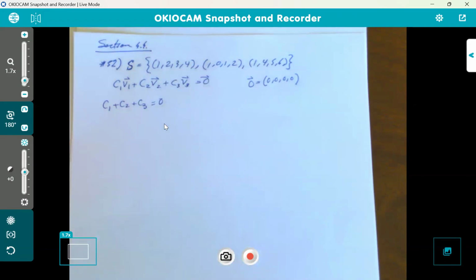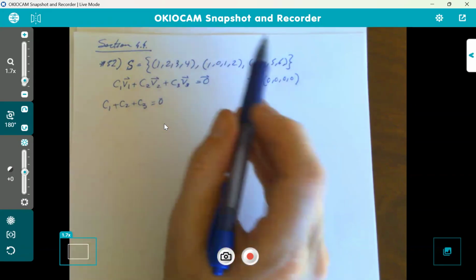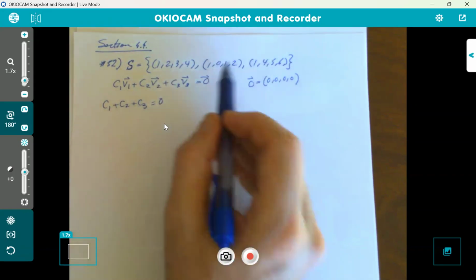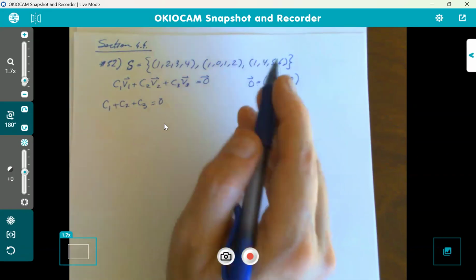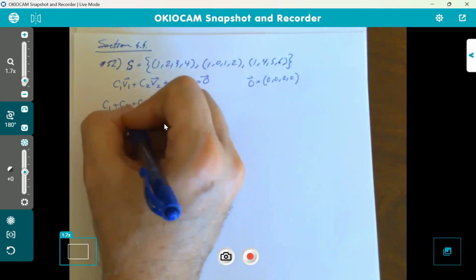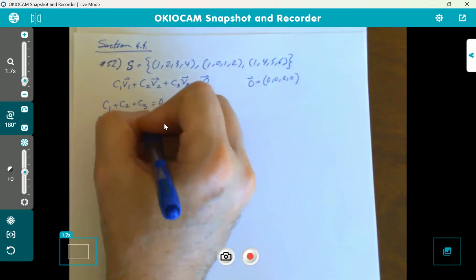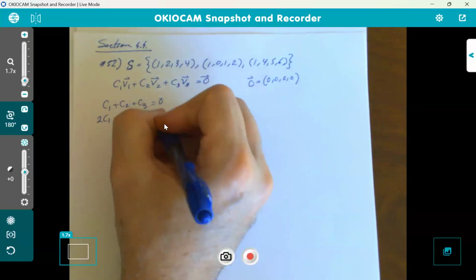Then the next one: 2C1, 0C2, 4C3, so 2C1 plus 4C3 should be 0.